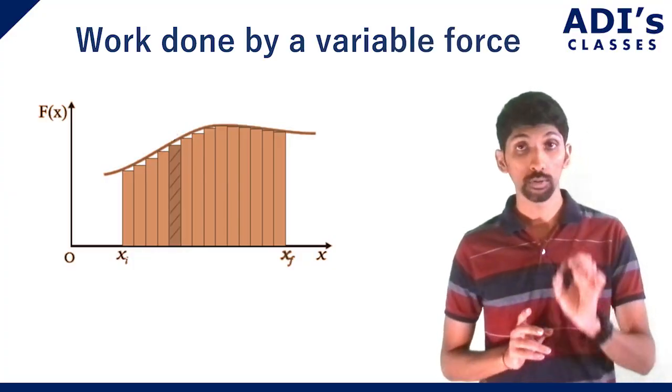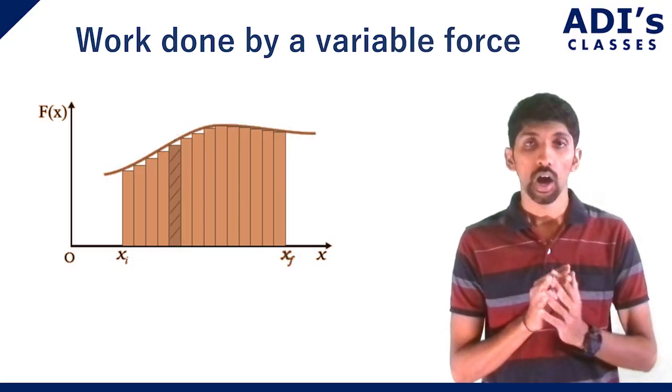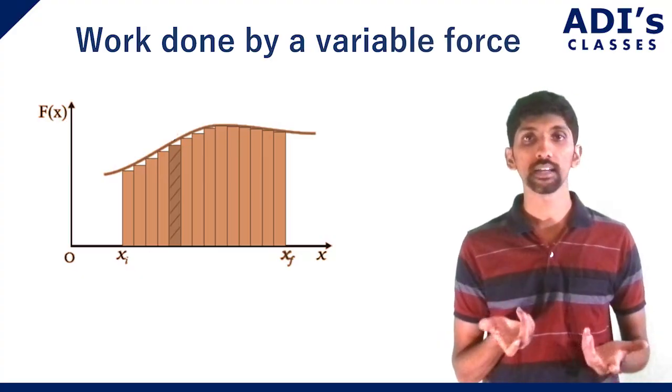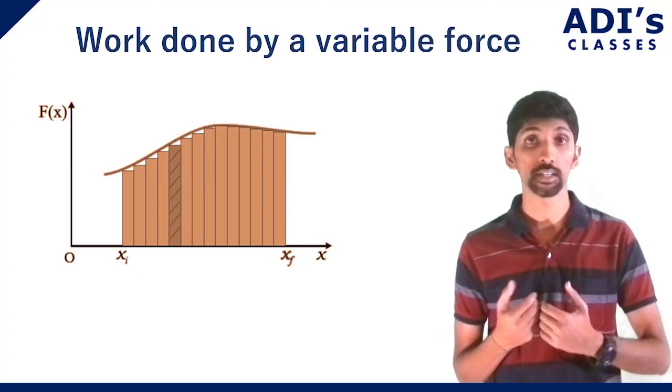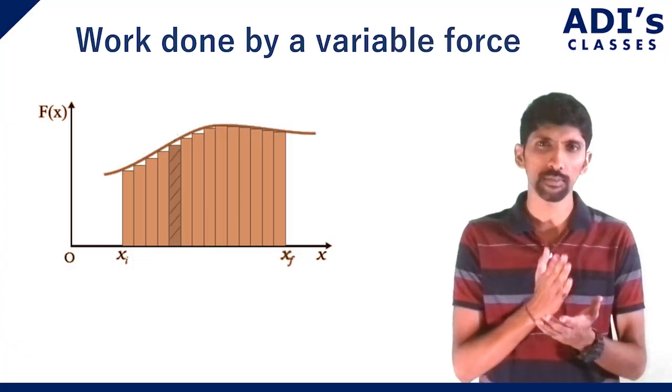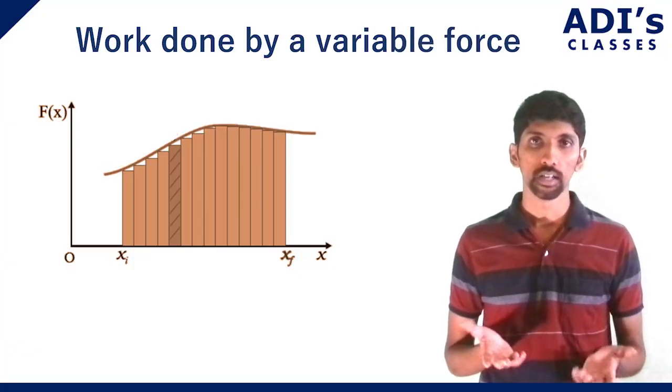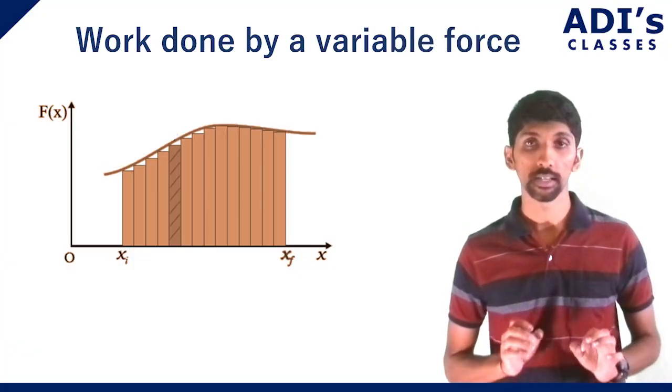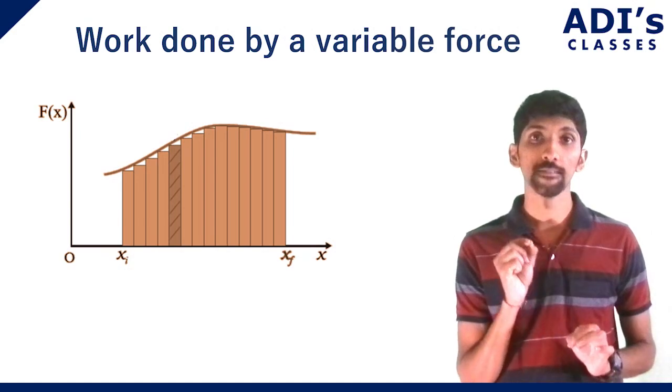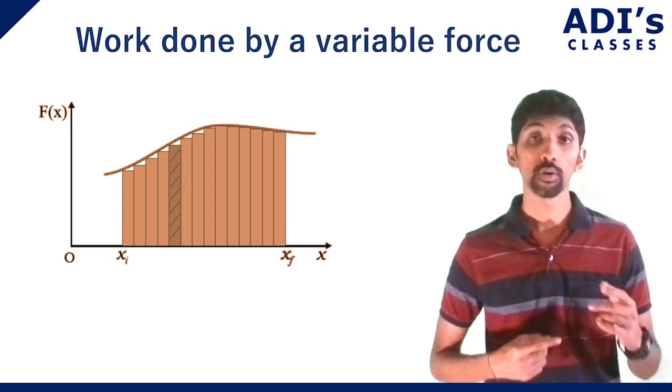Now one more thing you have to know is how big the rectangle should be, because when I say rectangle, it could be the whole thing or it could be very minute, correct? If you think logically, the lesser the width of the rectangle, the more accurate the area will be.